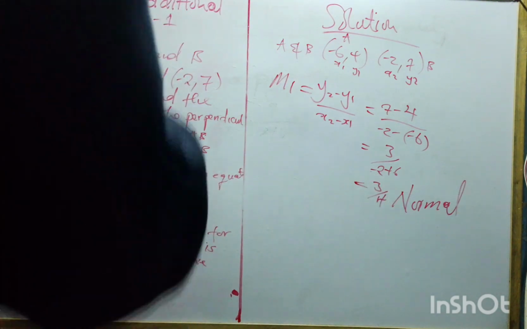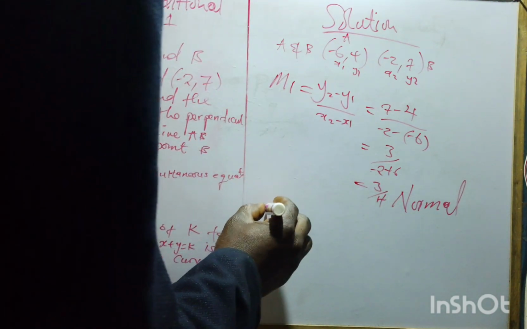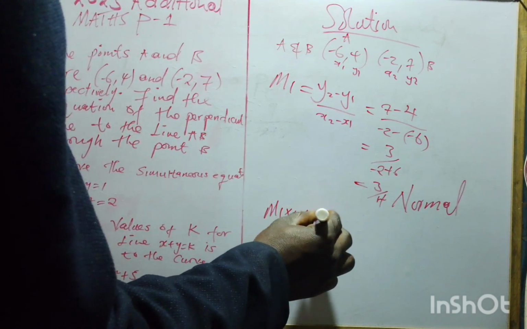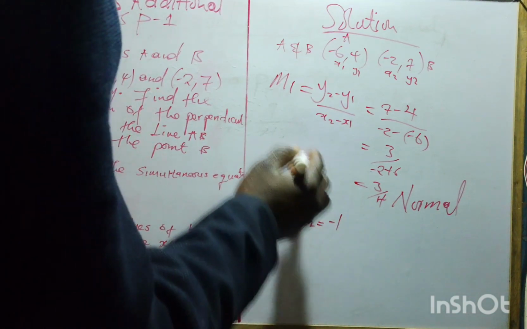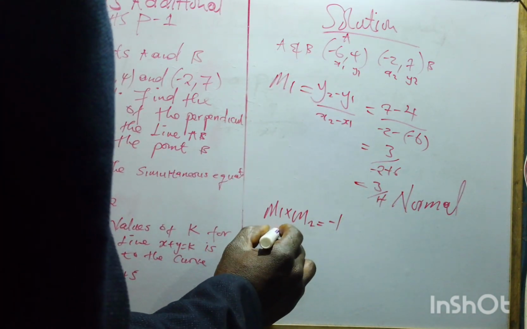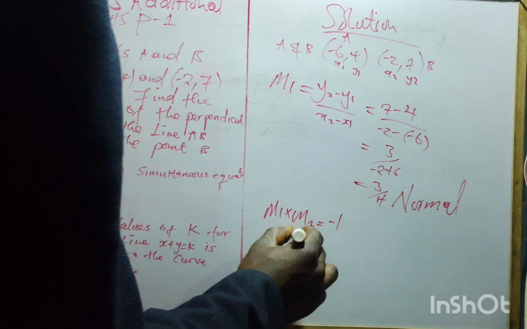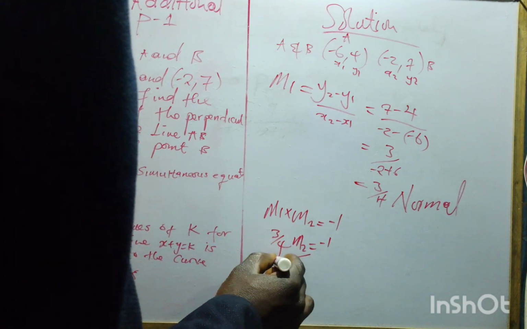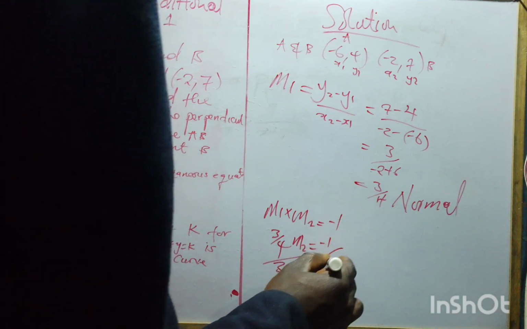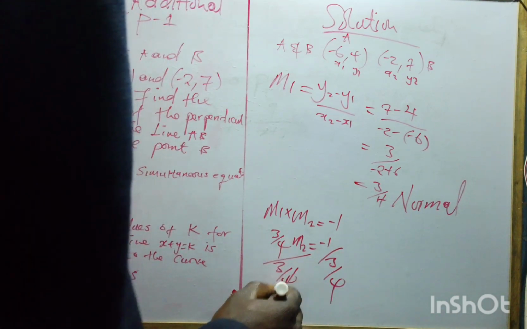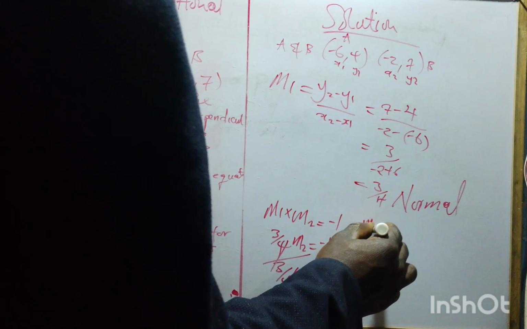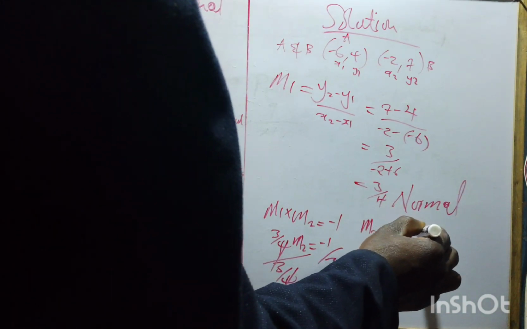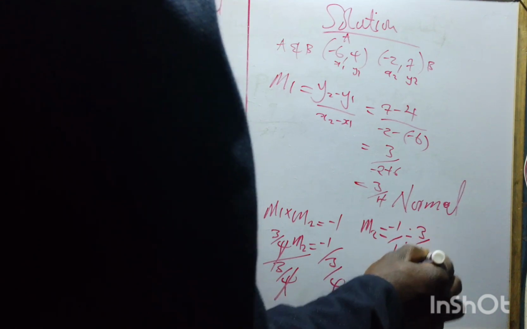So we have to take it into the perpendicular, in which we say m1 times m2 should be equal to -1. Then m1 we already found is 3 over 4, so 3 over 4 times m2 equals -1. Then you divide throughout by 3 over 4, so m2 equals -1 over 1 divided by 3 over 4.